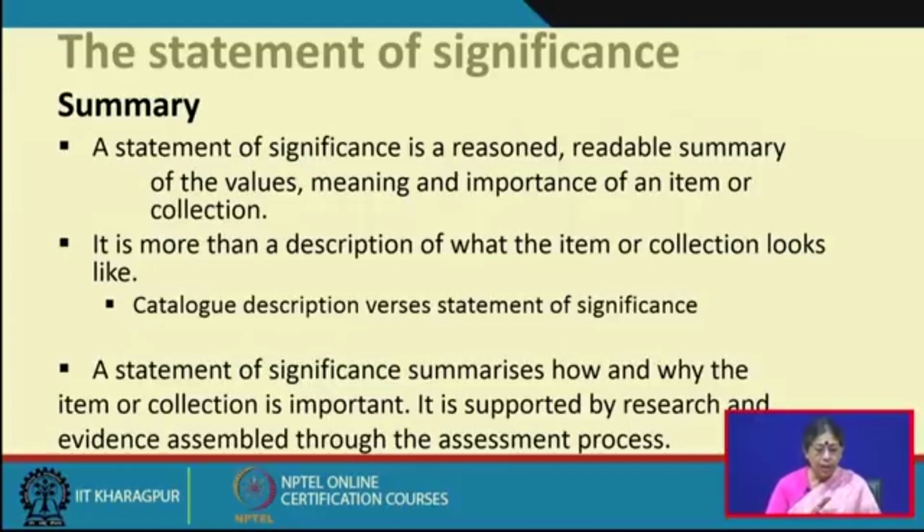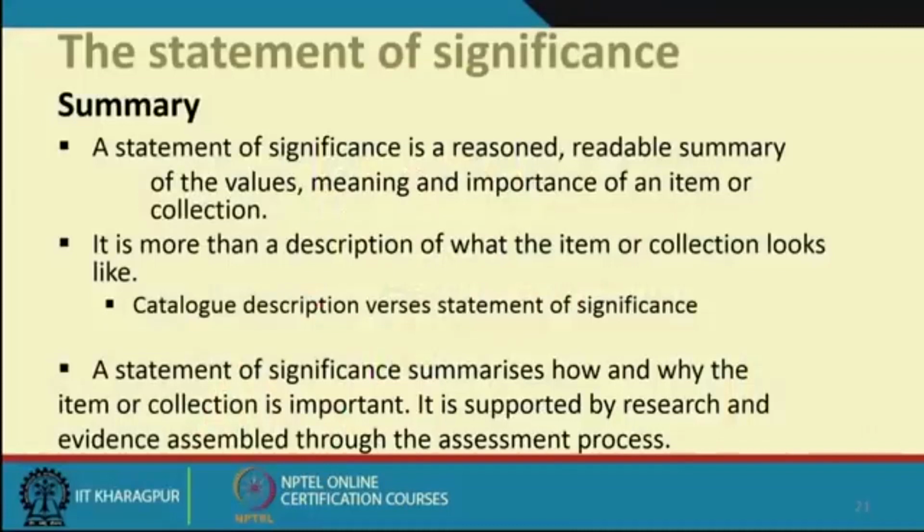It is not a catalogue of description. So one has to understand the difference between a catalogue description and a statement of significance. A statement of significance summarizes how and why the collection or item is important. It is supported by research and evidence assembled through the assessment process.